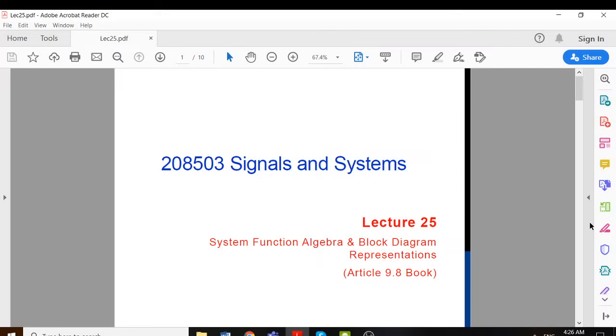Today in lecture 25 of our course Signals and Systems, we are going to discuss system function algebra and block diagram representations using the Laplace transform.